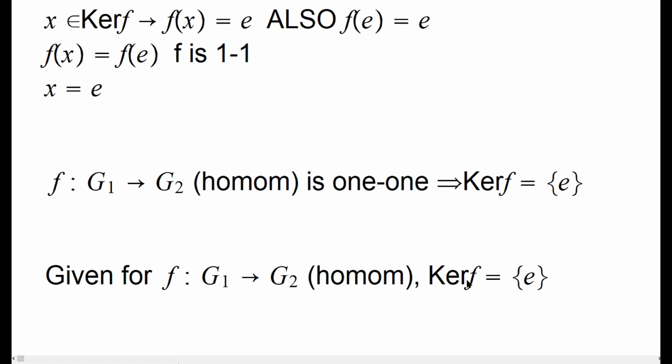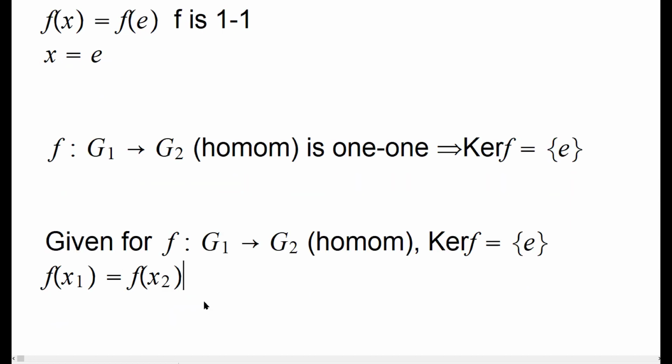let's see if we can check whether F is going to be one-one. This is what we are assuming. One of the ways we check whether a function is one-one or not is that we assume two inputs have the same output, and then we have to show that the inputs have to be the same.